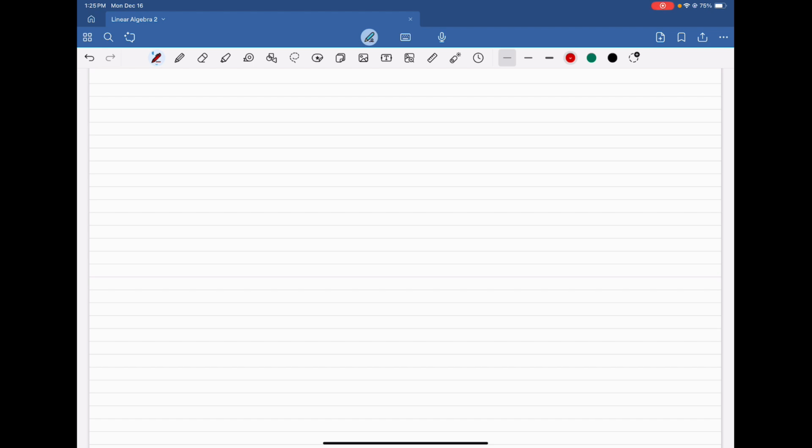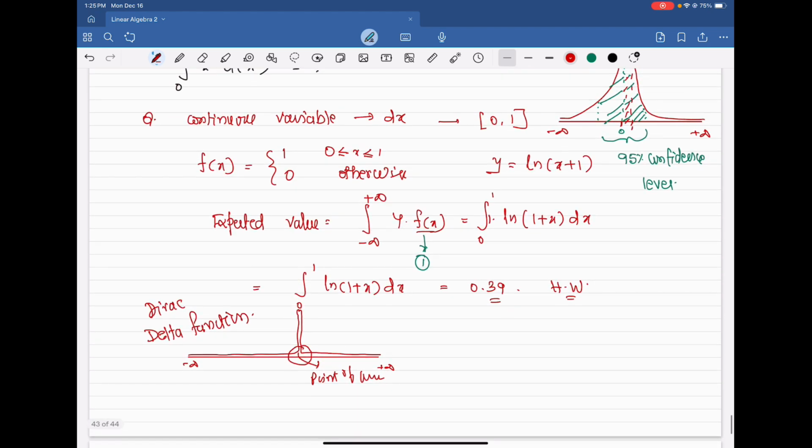Step functions are nothing but a function defined from one range to another range by certain parameters, and in other ranges it is defined in another manner, and the integration is to be done accordingly. As in this case, the integration is done from 0 to 1 only, because otherwise the value of the step function is 0.